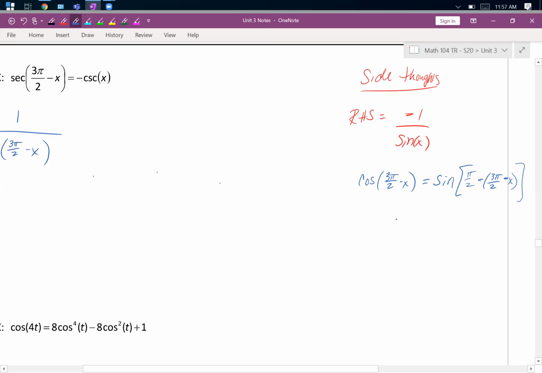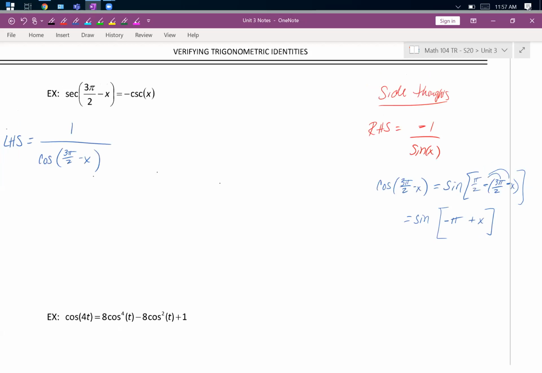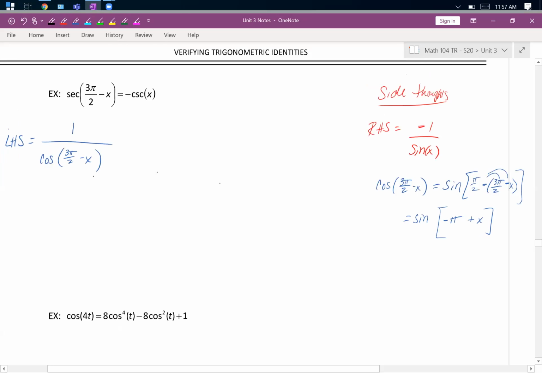Okay, so that would be sine of, distributing my negative, pi over 2 minus 3 pi over 2 is a negative pi, and then plus x. And we're trying to get to negative 1 divided by sine of x. So we know with fractions, the negative can be top, bottom, or out in front. So I guess we could put the negative down here with the sine. I'm trying to turn that then into negative sine.